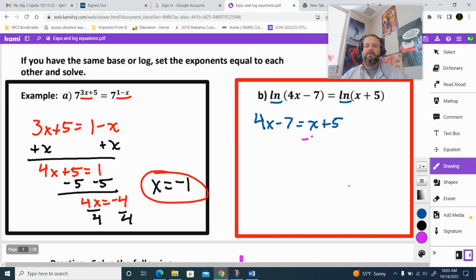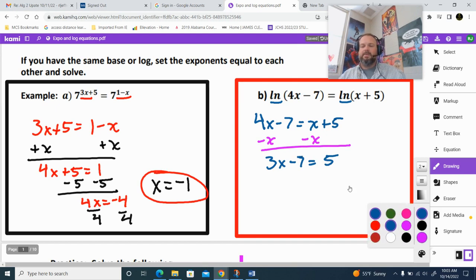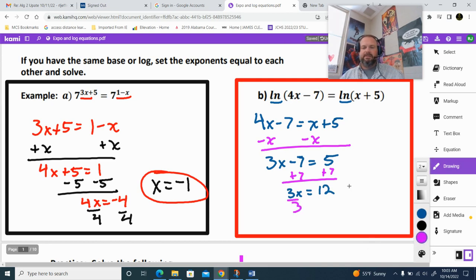I'm going to move this x over here. Okay, I got all my x's together. Now I'm going to get all my constants together. Then I'm going to divide. And then I'm going to get my answer.